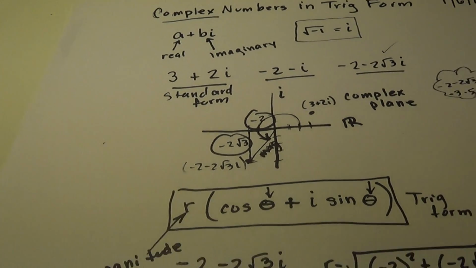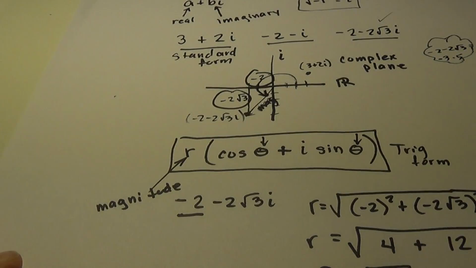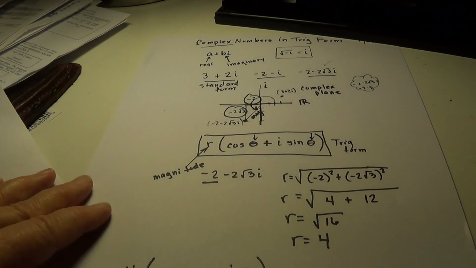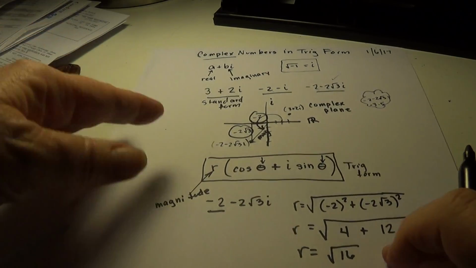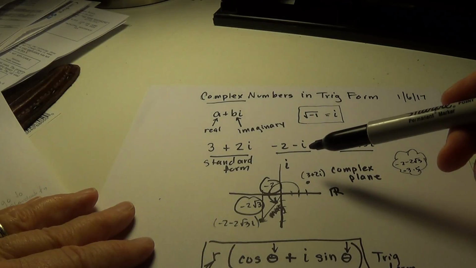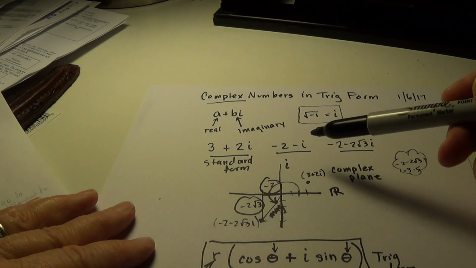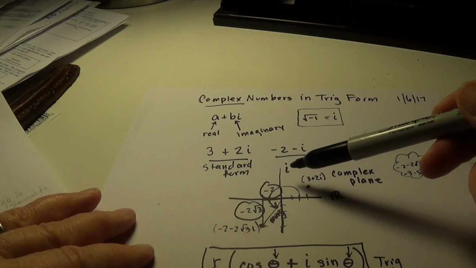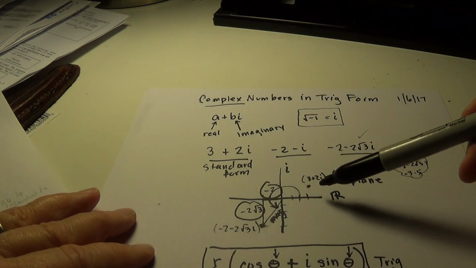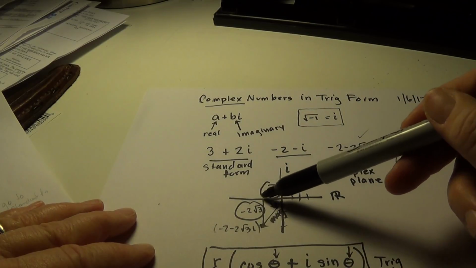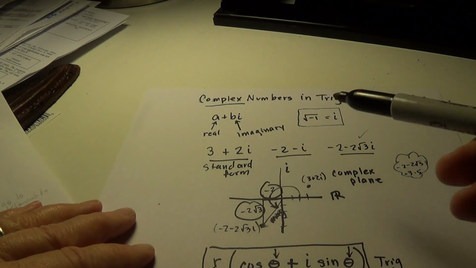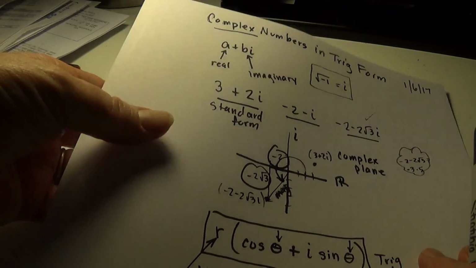And just like we did when we were in vectors, we are going to use inverse tan. If you recall, in vectors it was the j part over the i part. But unfortunately, this used to be the i part and this the j part. Now, in the complex plane, this is the real part and this is the i part. Sorry about that, but life is cruel like that.